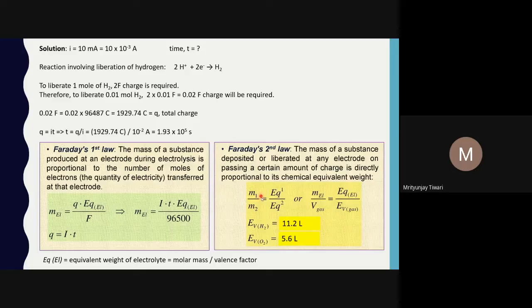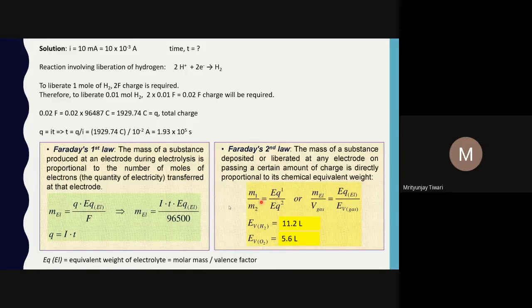In other words, if we use two different substances and compare them, the mass of one substance deposited is M1 and its equivalent weight is EQ1, and the mass of another substance deposited using the same amount of electricity is M2 and its equivalent weight is EQ2. So M1 is proportional to EQ1 and M2 is proportional to EQ2.